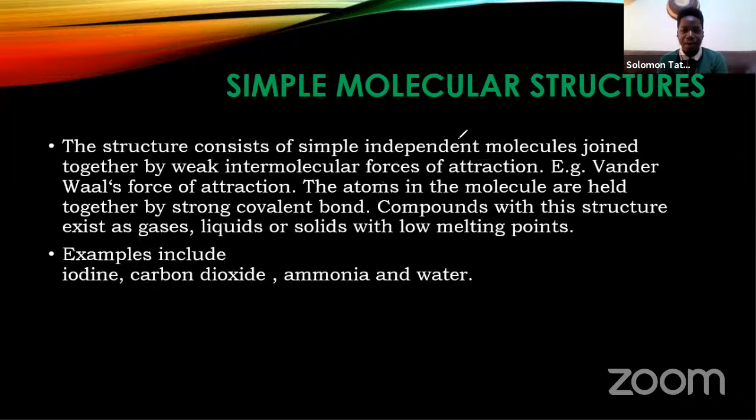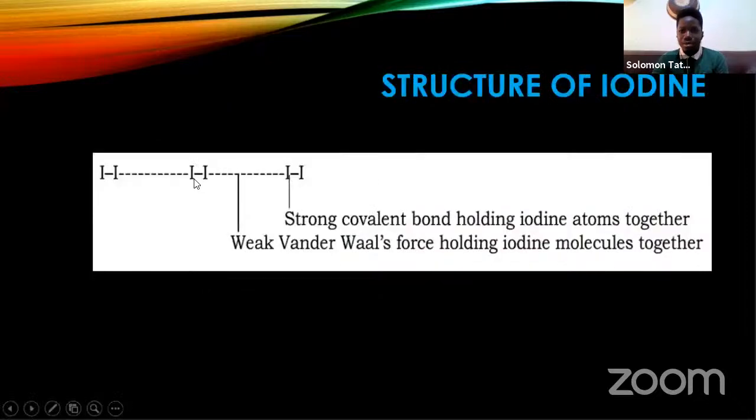We have said that they are held together by weak van der Waals forces of attraction, but the atoms in there are held together by strong covalent bonding. That's exactly what we mean there. For a better picture, here we have the structure of iodine.